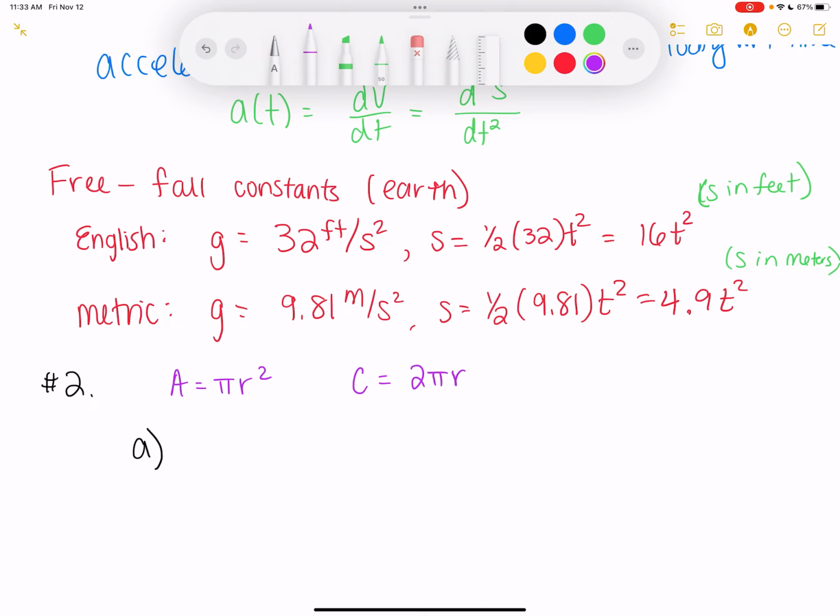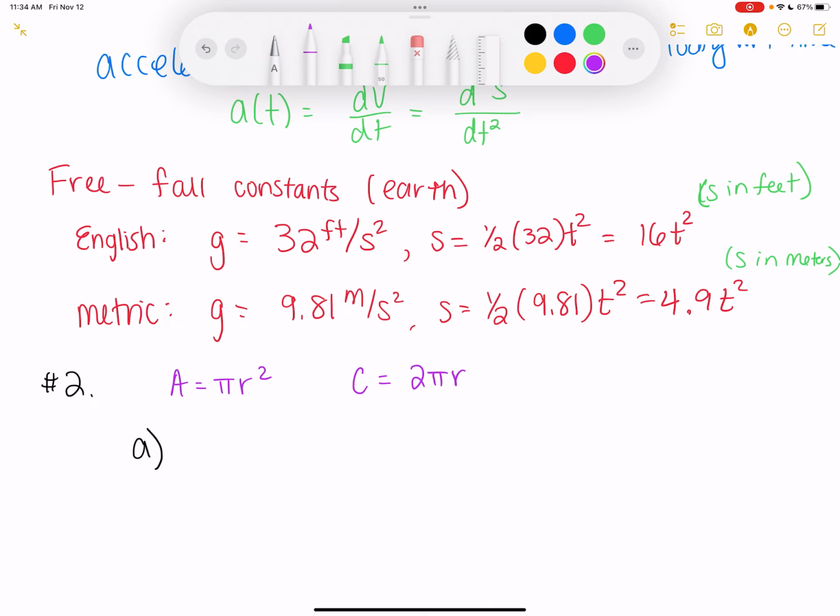So what variable do both of those have in common? R. They both have r. So I want area as a function of circumference, which means I need circumference to be my variable.